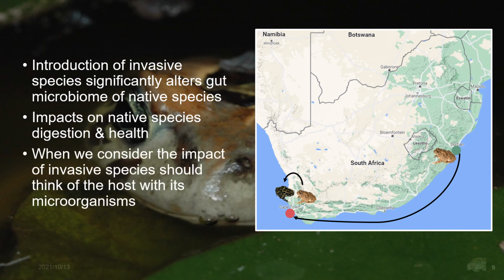Lastly, I just want to conclude that when we consider the impact of invasive species, we should not just be looking at the host itself, but obviously think of it as an organism that's bringing loads of organisms with it, and this can have potential implications for a lot of areas in conservation science.